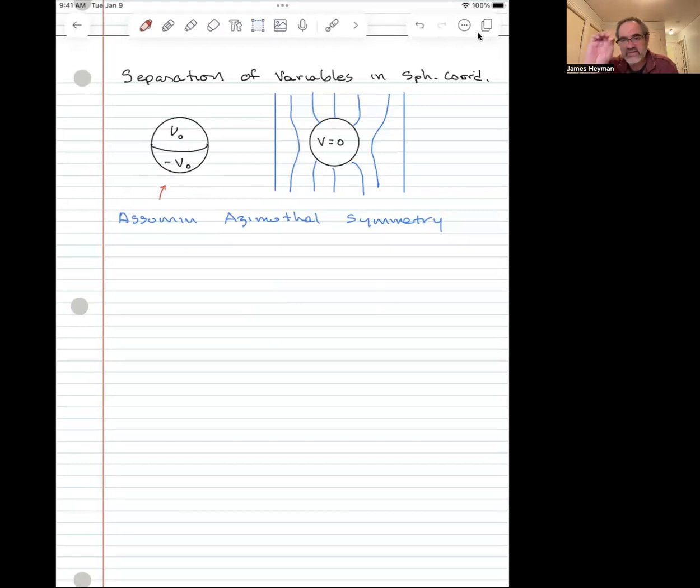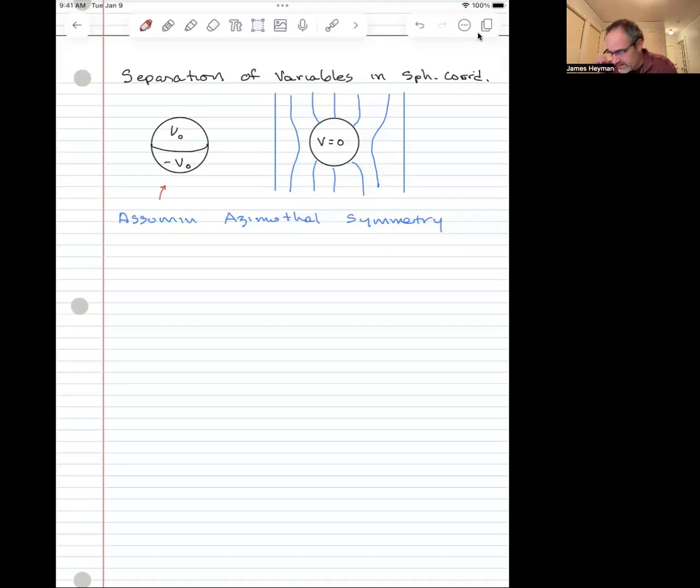And then we imagine there's a thin ring-shaped insulating gap between them. And we'd like to know, what does the potential look like inside and outside of a sphere that has this property, all right? It seems like a problem we ought to be able to solve, but it's not clear how to solve it before we get started.